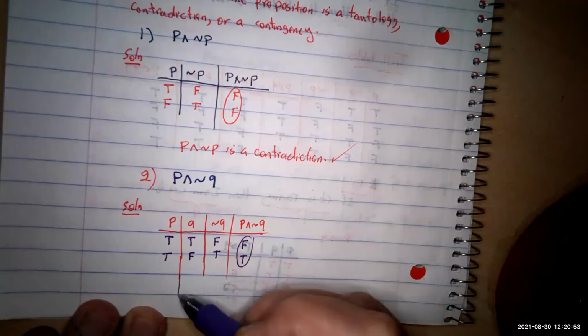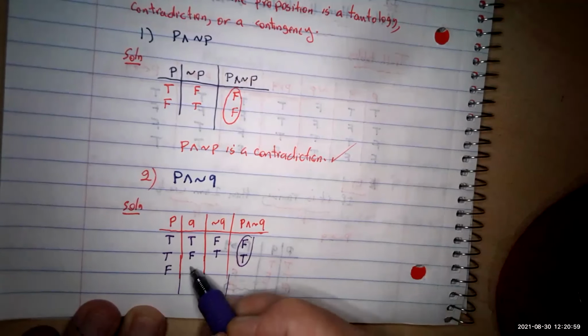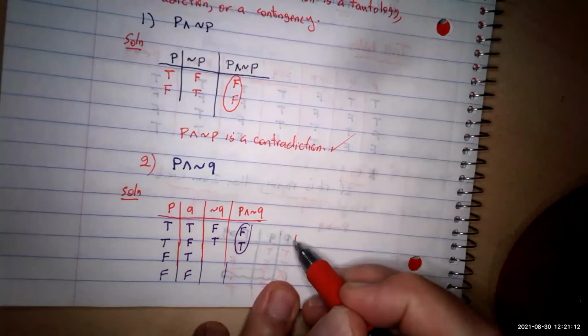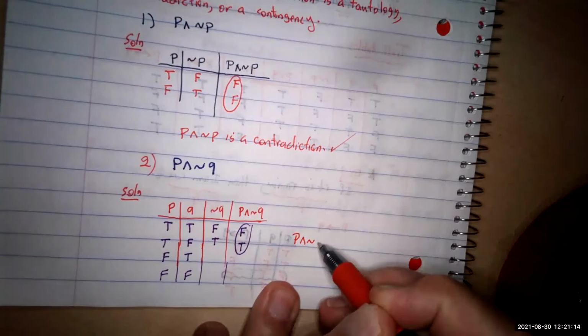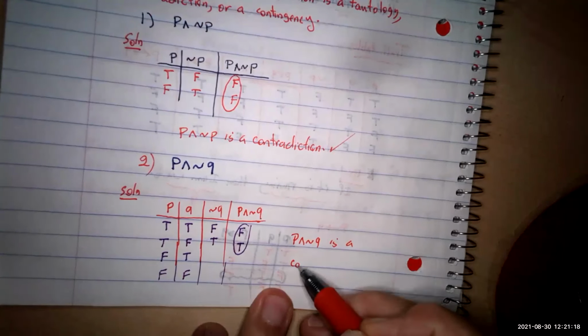You can go on if you like, but you don't have to. The other possibilities are false true and false false. But you don't have to, because you already got the 0 and 1. So you stop here and you claim that P and not Q is a contingency.